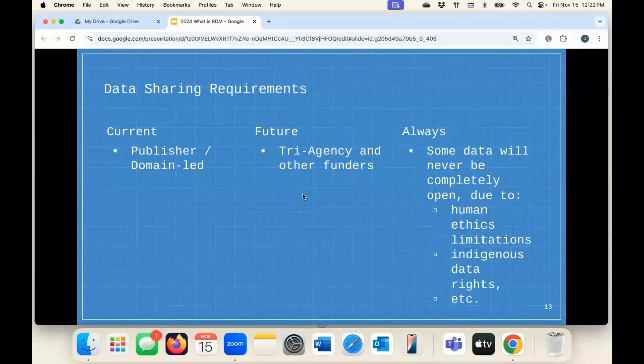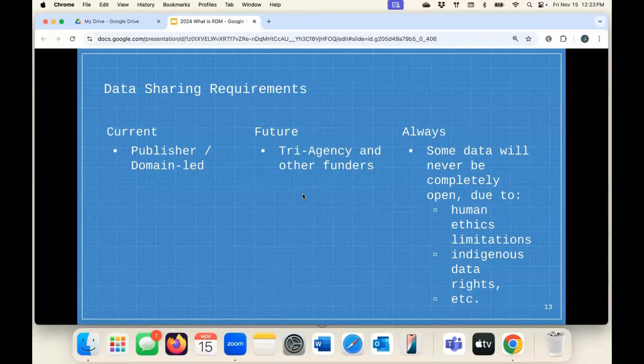In the future, obviously, funders are going to get involved. I want to be clear that there will always be some data that is never completely open, never shared widely. That can involve human ethics.